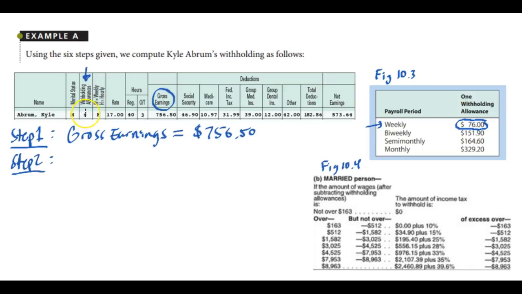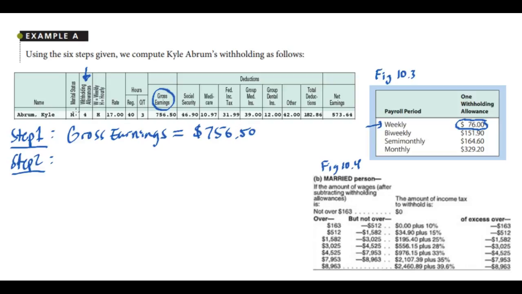So if you're married with 2 children, including yourself, your spouse, and 2 children, that's what Kyle could be dealing with here. That's how he may have 4 withholding allowances, being married with 2 children. So just keep that in mind for your homework.